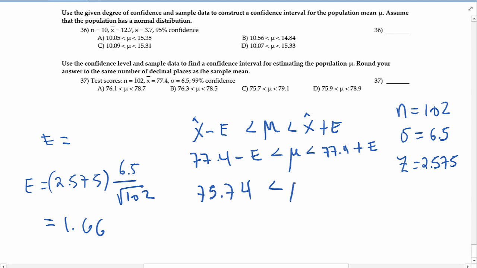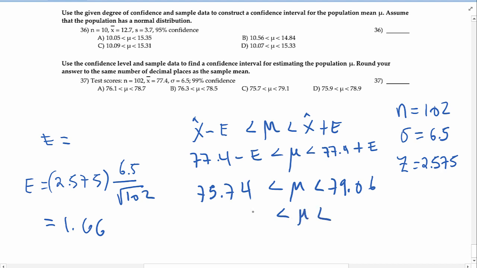And the upper value is 77.4 plus 1.66, which gives me 79.06.